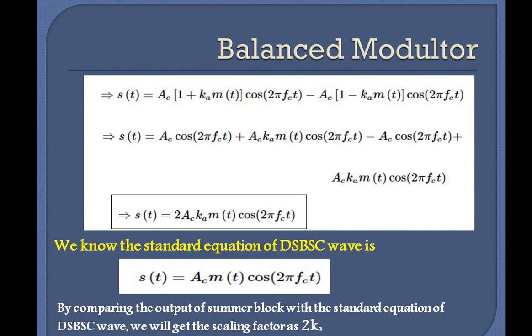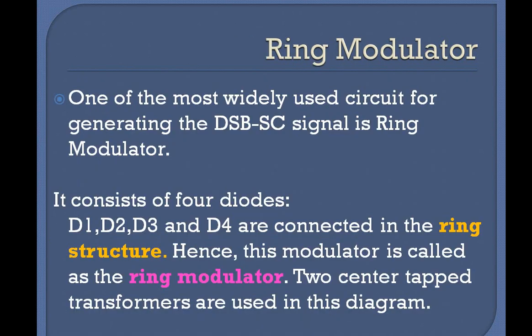Okay, now the next one is the ring modulator, right? By the name itself, you will get to know what we have in this ring modulator. One of the most widely used circuits for generating DSBSC signals, or DSBSC modulated waves, is the ring modulator. Whenever you go for DSBSC modulation and want to extract that DSBSC modulated wave, we always refer to the ring modulator.